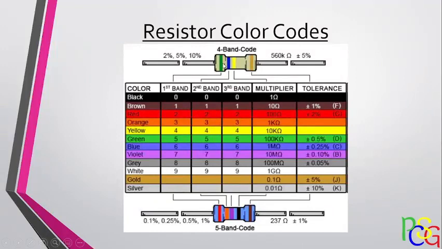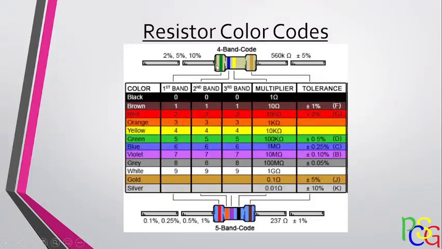So let's look at this for example. For the 4 band, we have green, so that means 5. So the first number is 5. The second band is blue, so we have 6. Then we have yellow, which is a 10K ohm multiplier. So you multiply 56 by 10K, and you get 560 kilo ohms.